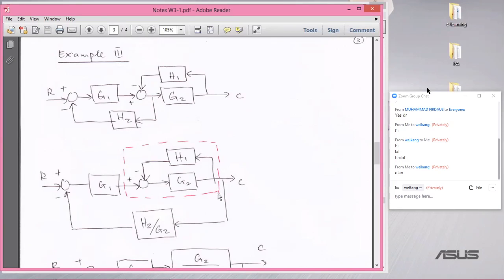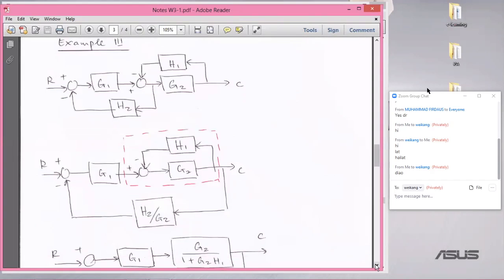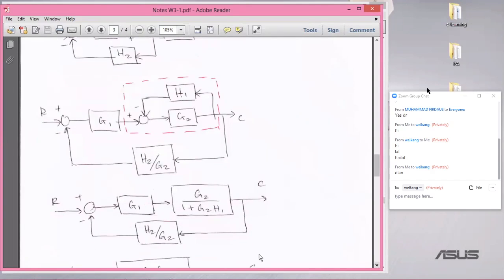After doing that, now you can recognize that this is a feedback loop. You can simply replace that with G2 divided by 1 plus G2H1. Everything in the red dotted line can be replaced with G2 divided by 1 plus G2H1.